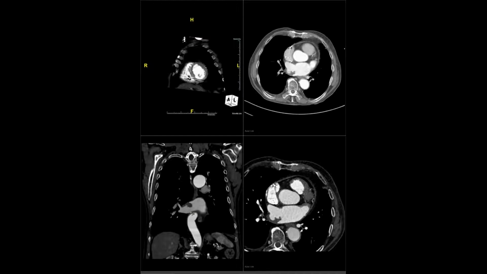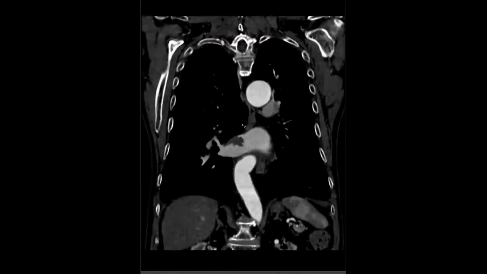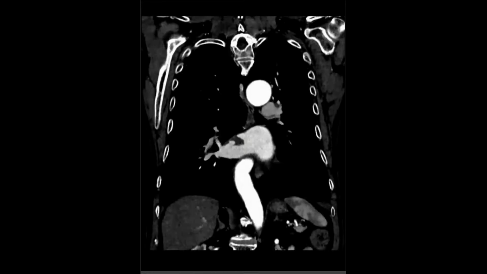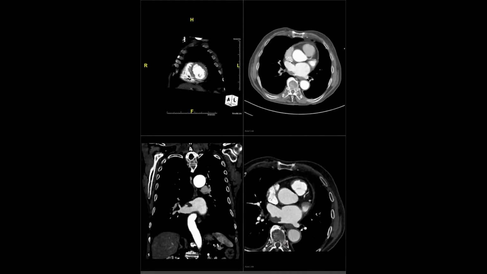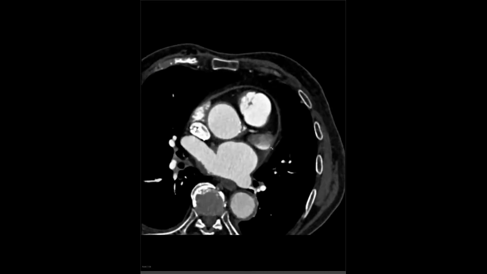And I'm not sure, but I think he may have had a history of prior pulmonary vein ablation. We're still trying to determine that. So this is probably going to be a thrombus, but this would also be a good look for a sarcoma as well, and obviously very different management. So we'll probably get a follow-up MRI for this patient.